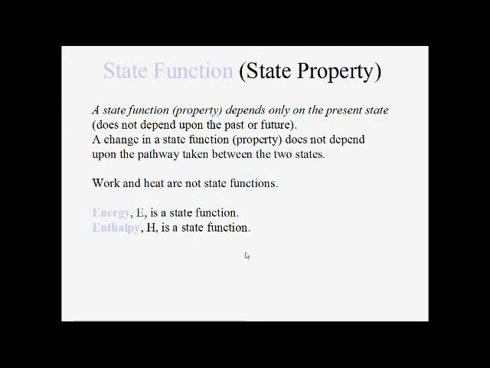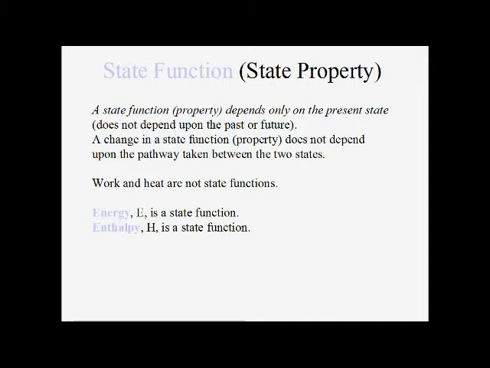We have two types of properties: state and path. A state function or a state property depends only upon the initial and final states of the function. For the change, we usually are looking at the changes.